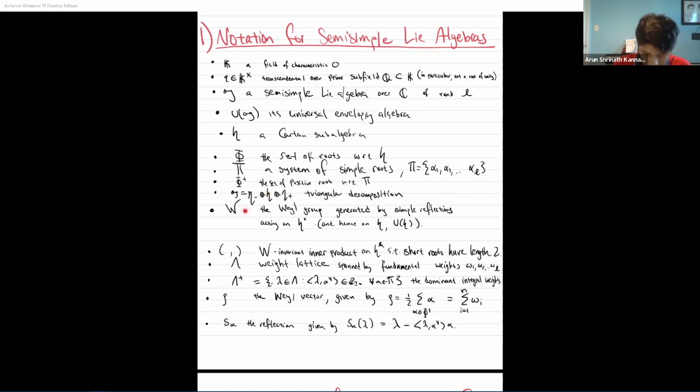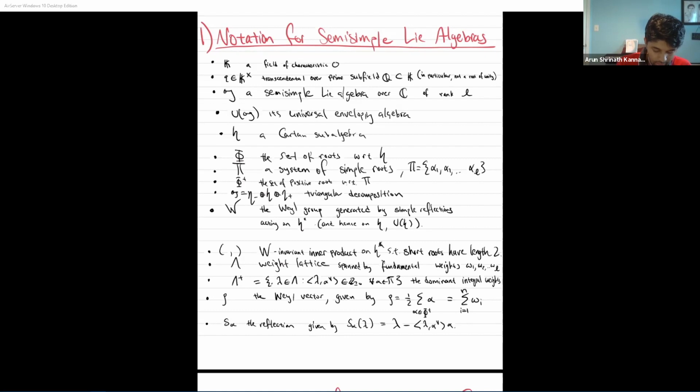The Weyl group, which acts on h dual, is generated by the simple reflections, and there's a W-invariant inner product on h dual, where the convention is to take short roots having length squared 2. And then the weight lattice, where we refer to the fundamental weights as omega_1 through omega_l.